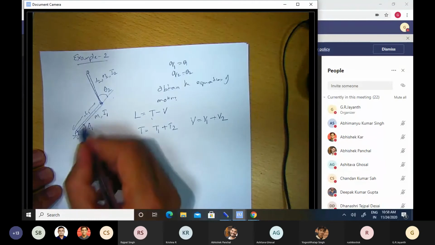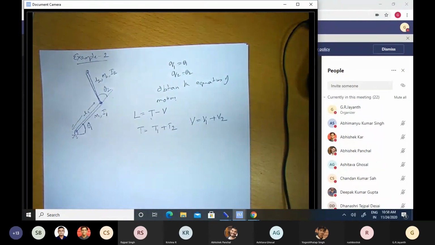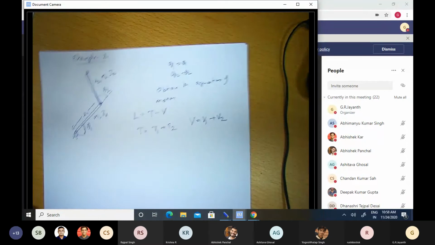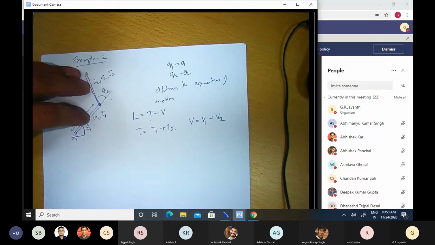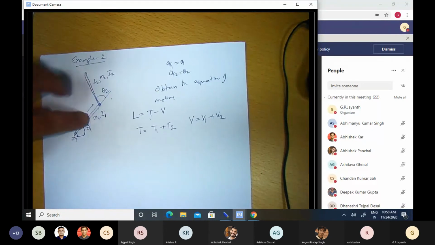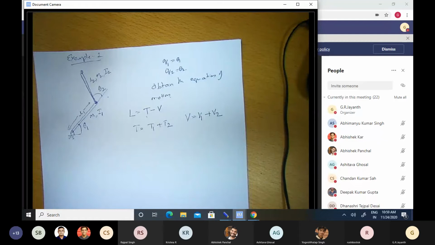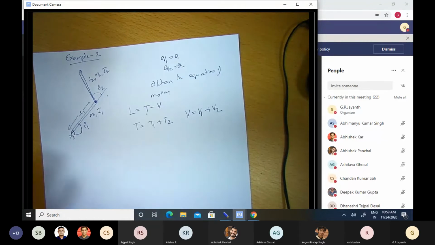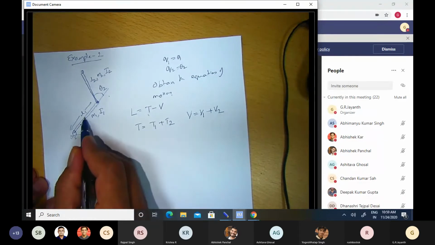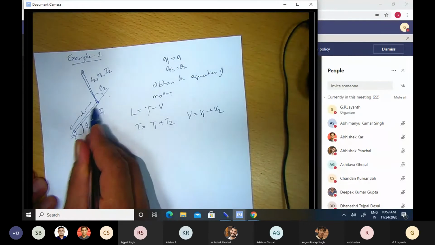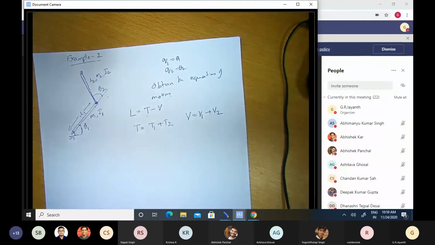Okay, assuming that these are slender rods, and they're symmetric, their center of mass can be assumed to be at their geometric center. In Professor Ghoshal's book, he has considered a more general case where that may not be true. Here, for the sake of simplicity, I'm considering the situation where the center of mass of this first rigid body is situated at the geometric center of this body.